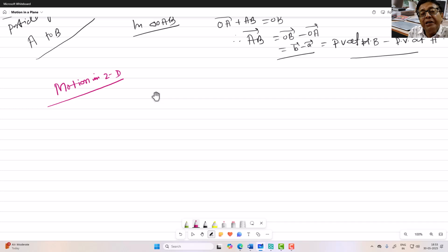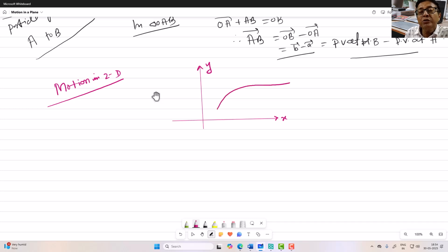Particle moving in 2D, it means particle can move in a straight line over there. It can move in a curve also. 2D means it is made of x and y coordinate system.